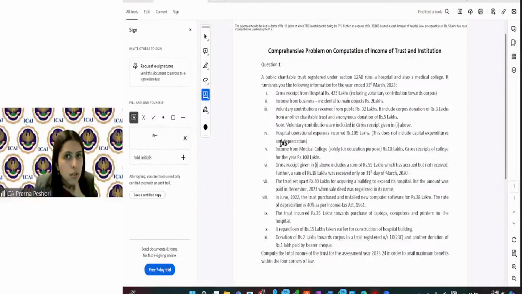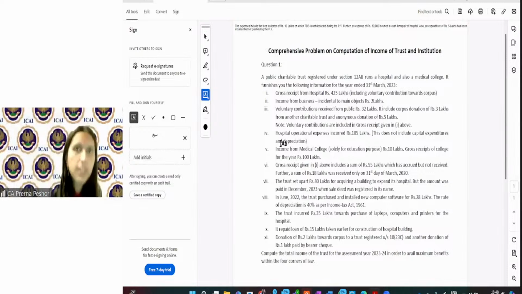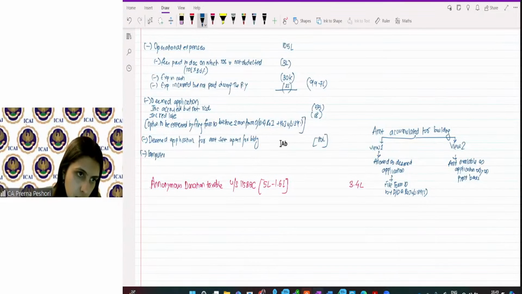Fully allowed. Yes, Hari, you are correct. Depreciation has to be ignored. So just write down over here. Computers, software. This is 28 lakh.